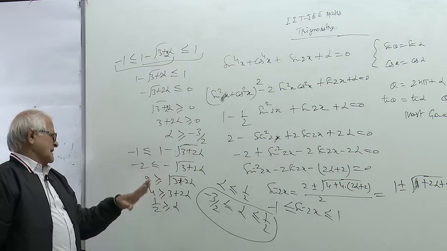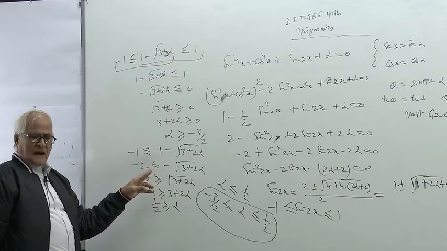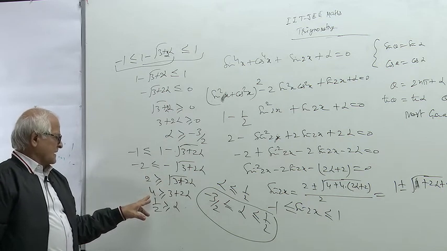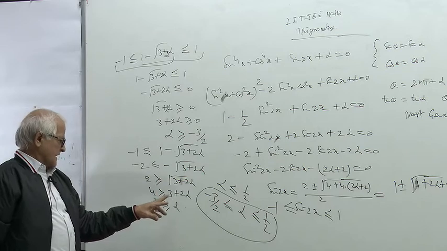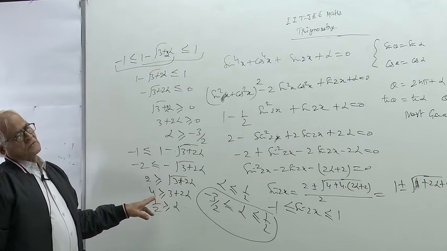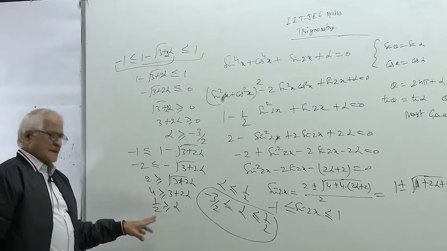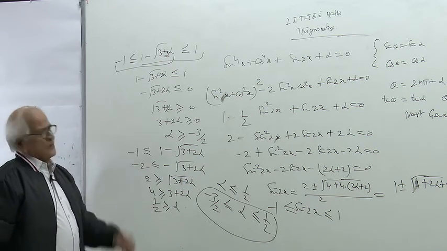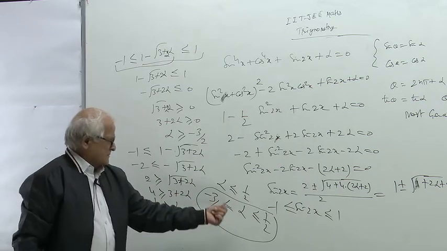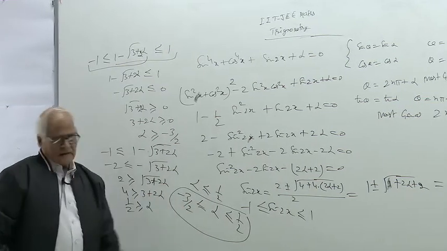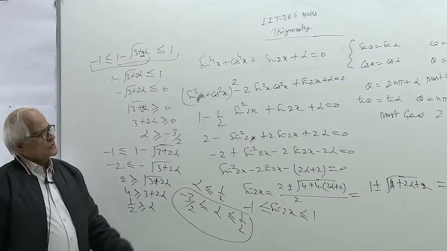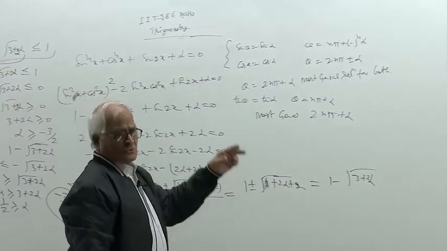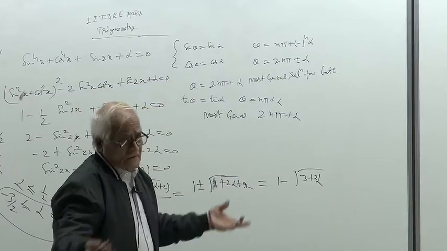Now take the minus common, we reverse the inequality. Square this, then we have half greater than alpha, so alpha is less than or equal to half. Therefore, alpha lies between minus 3/2 and 1/2. So the solution is there for the equation. This is a solvable equation, no doubt.